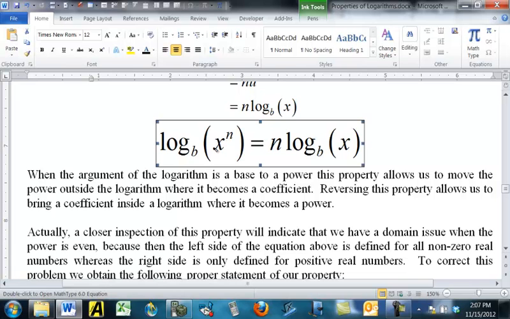On the other hand, on the right side, you can only evaluate it for positives, because if you put in a negative and take a log of that, it just doesn't exist. So we have a domain problem here when n is even.